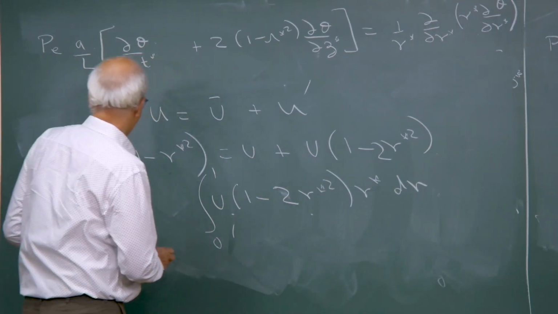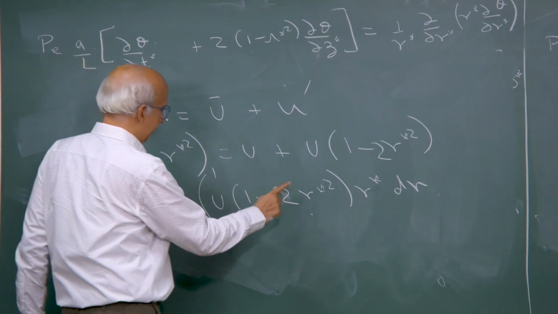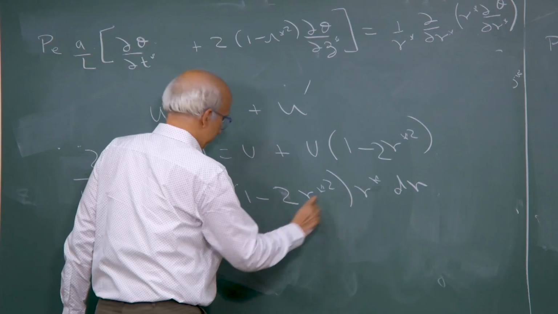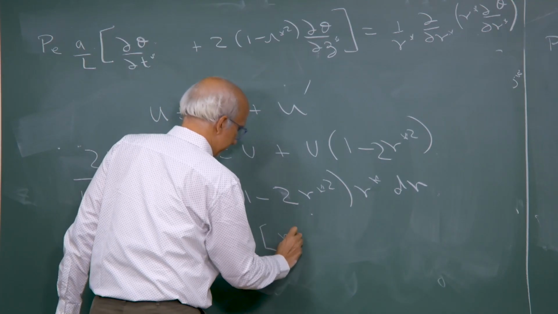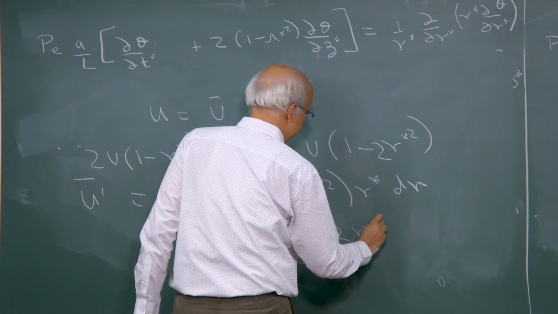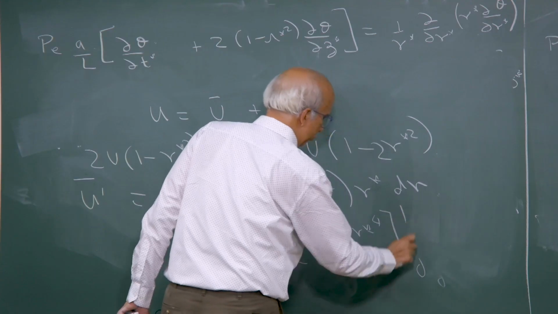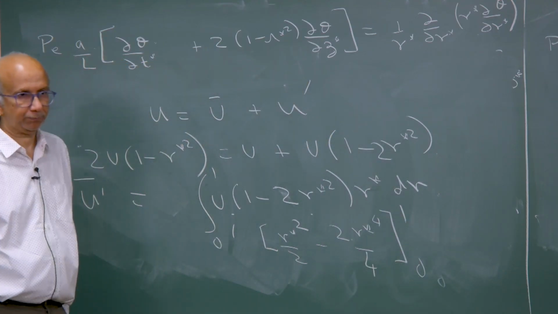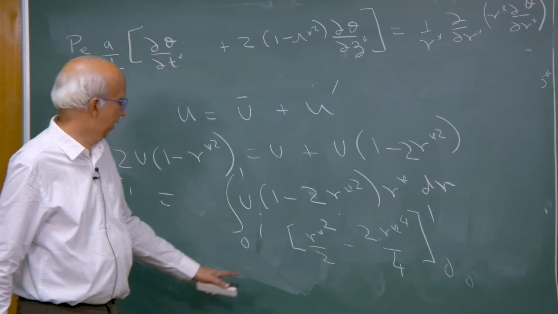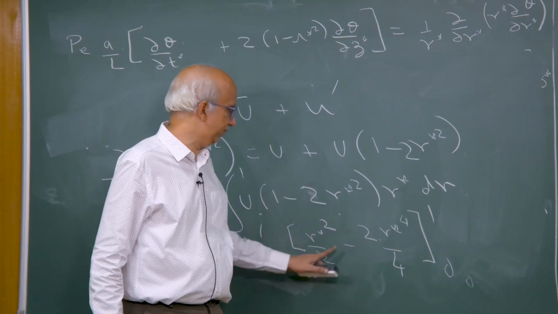Okay. So, u dash average is this. So, you can integrate this out, you get 1, you get r star square by 2 minus 2 times r star power 4 by 4 from 0 to 1. Okay. So, this gives you evaluate at 0 you get 0, evaluate at 1 you get half minus half.